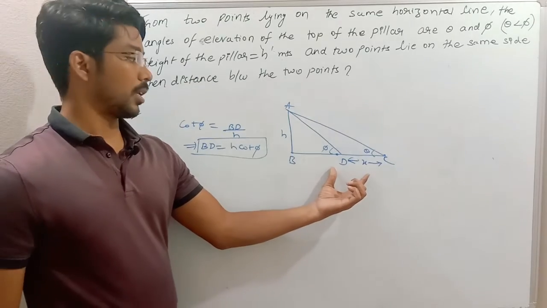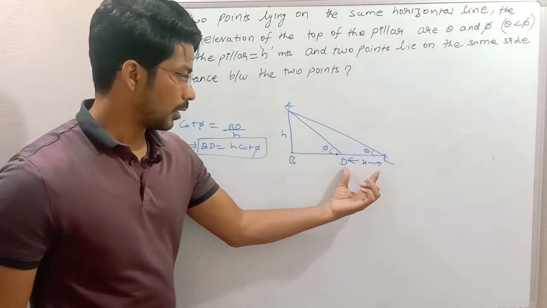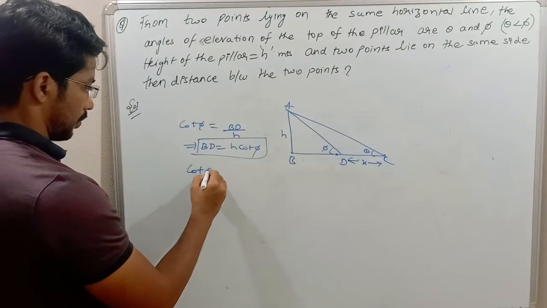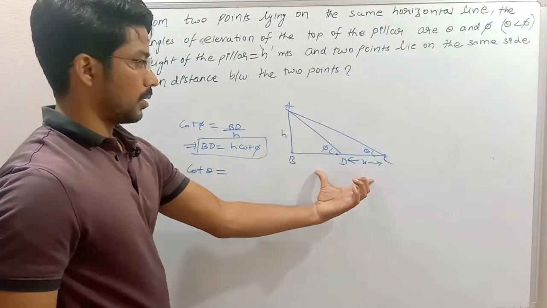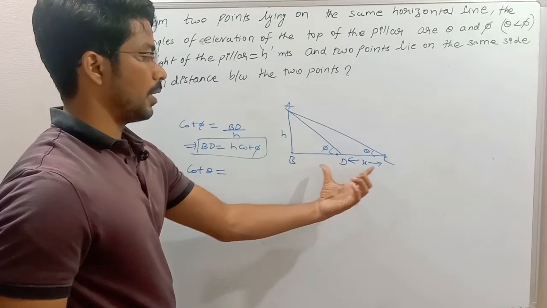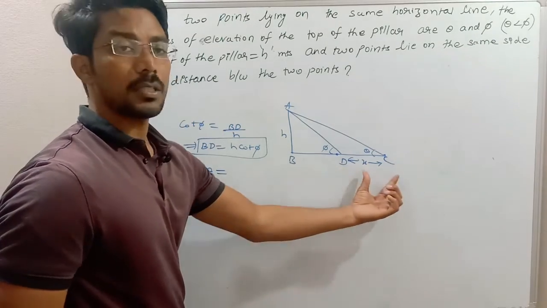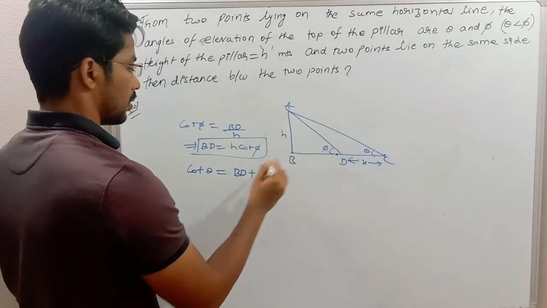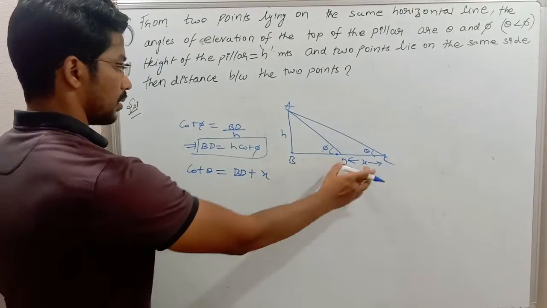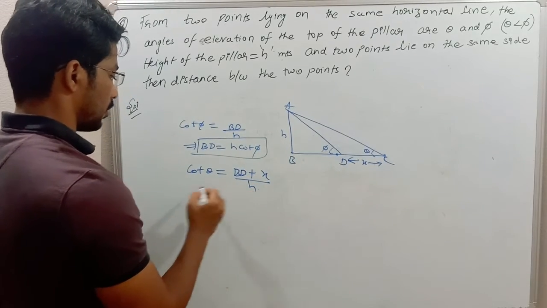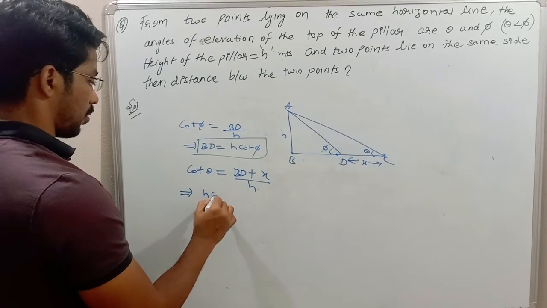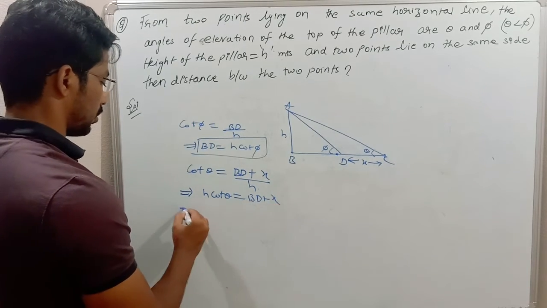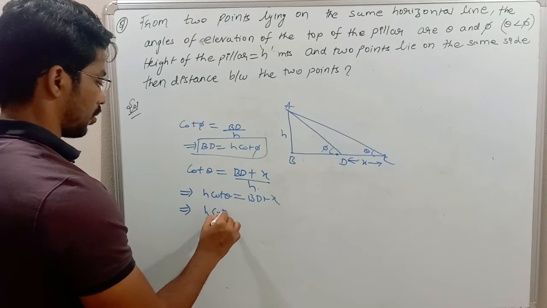Next, for theta, take cot theta, adjacent by opposite. What is adjacent? BC, which is nothing but BD plus DC, that is BD plus x, divided by h. So h cot theta is equal to BD plus x.